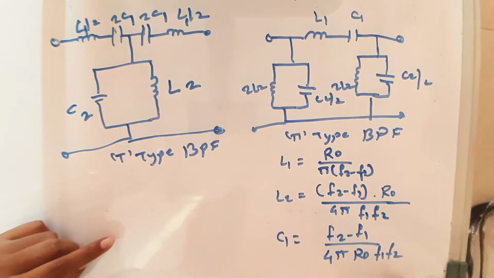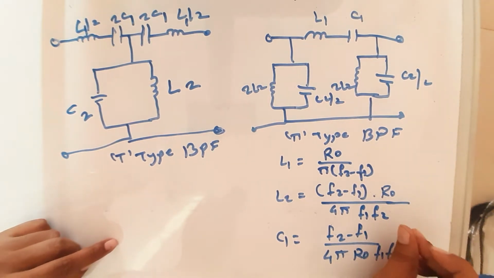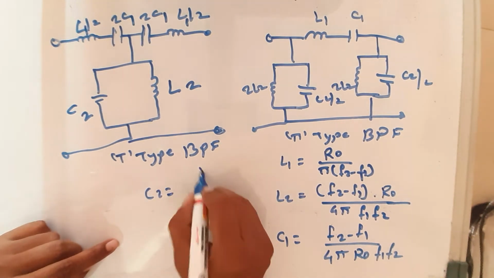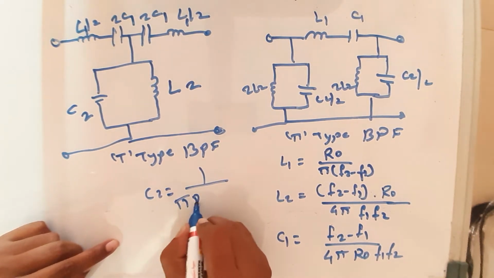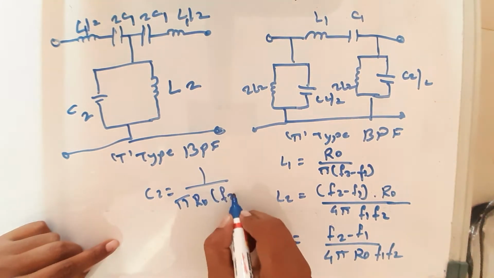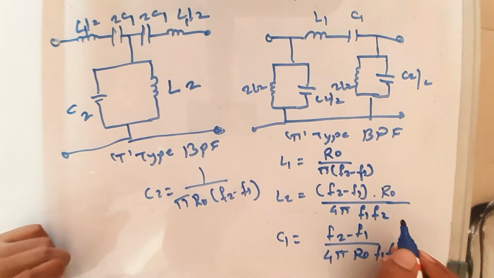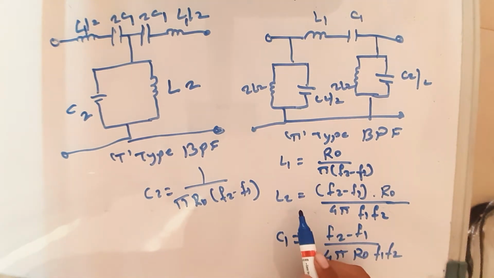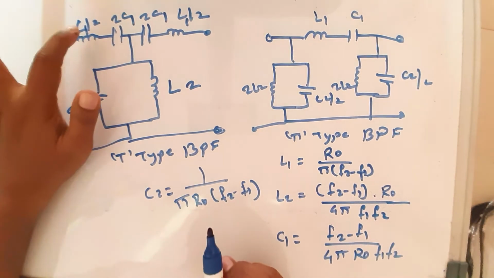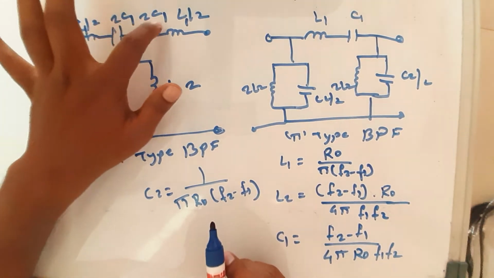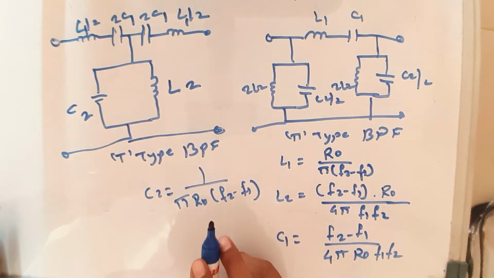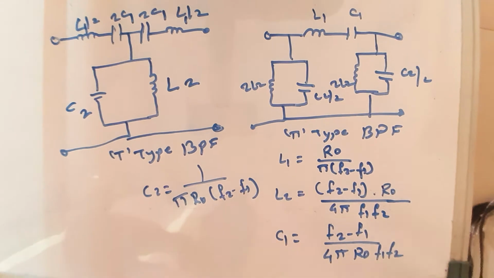Okay, this F1 F2 are two cutoff frequencies, R0 is a design impedance. Similarly, C2 equal to 1 upon pi R0 (F2 minus F1). Okay, so these are the four formulas L1, L2, C1 and C2. So L1, C1, C1, L1, C2, L2, like this one. Okay, so we have to solve one problem on band pass filters.